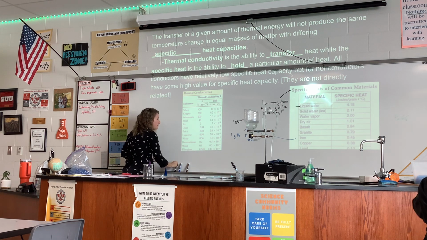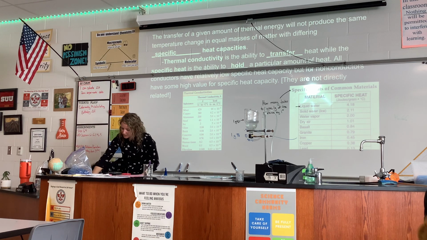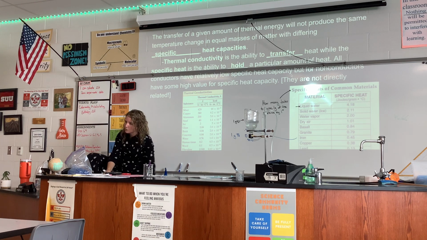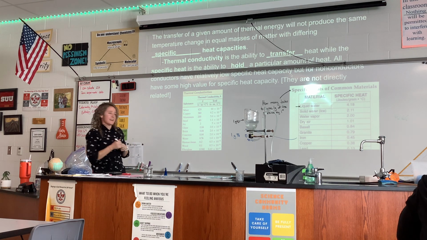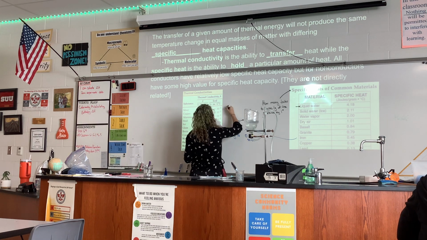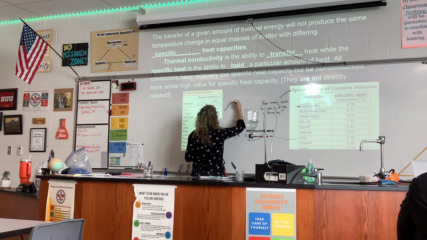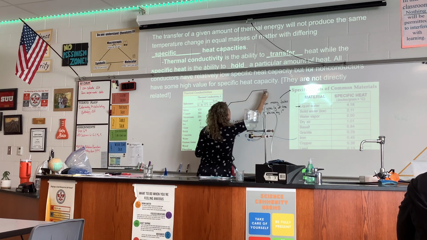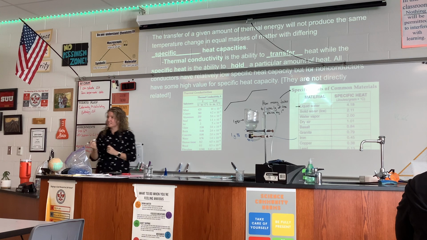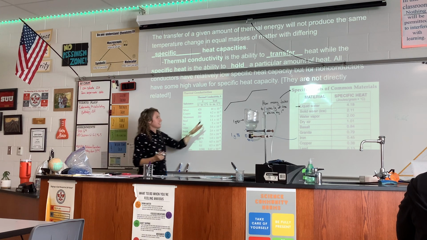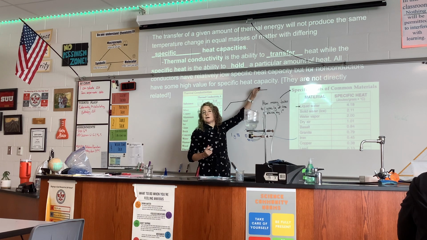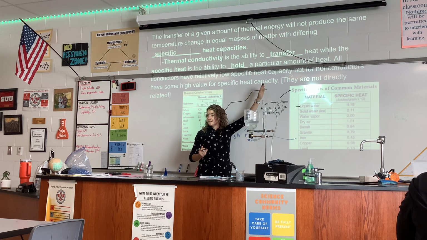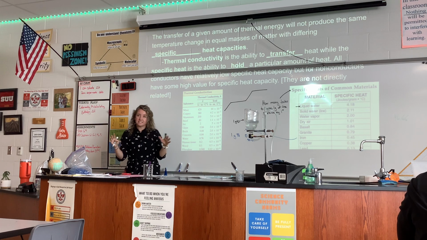One cool thing I want to bring up: someone asked a question last class that I thought was a cool connection. Do you remember our graphs that looked something like this when it came to heating and phase changes? This is a solid, this is where it's melting, now it's a liquid, now it's evaporating, now it's a gas. What's cool is that all substances have the same shape.